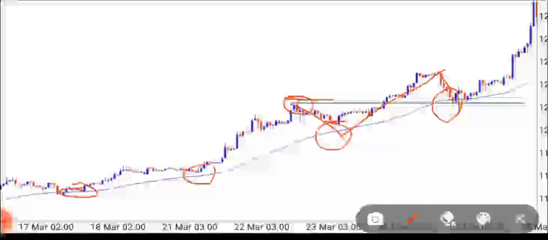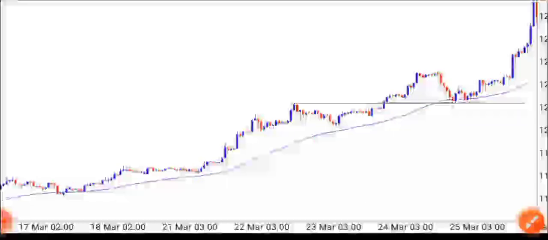That is our entry trigger. So we enter after that pin bar closure, and you can see how it played out neatly with nice profits. So this is just the confluence factor we looked at when trying to place this trade.